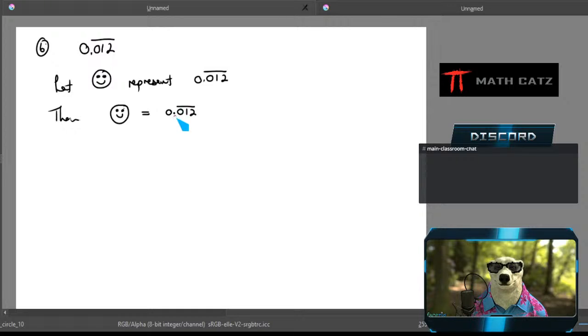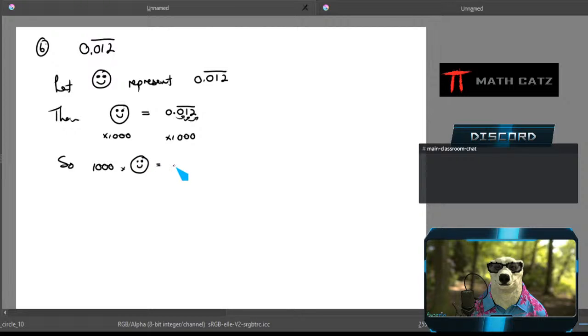Now I want to move the decimal place 3 times to get the repeating section out in front of it. So I'm going to multiply by 1,000. So I will have 1,000 smiley faces.